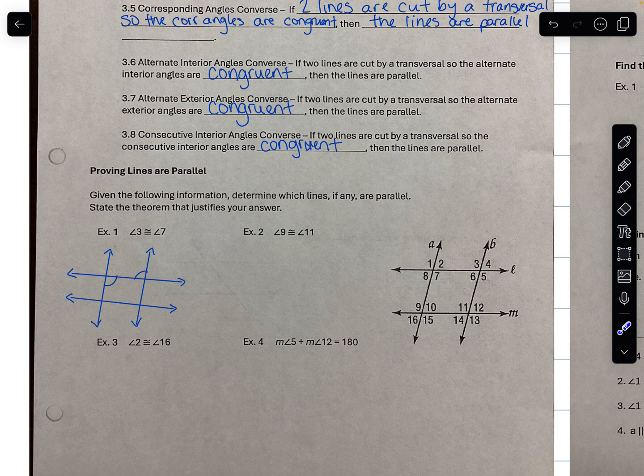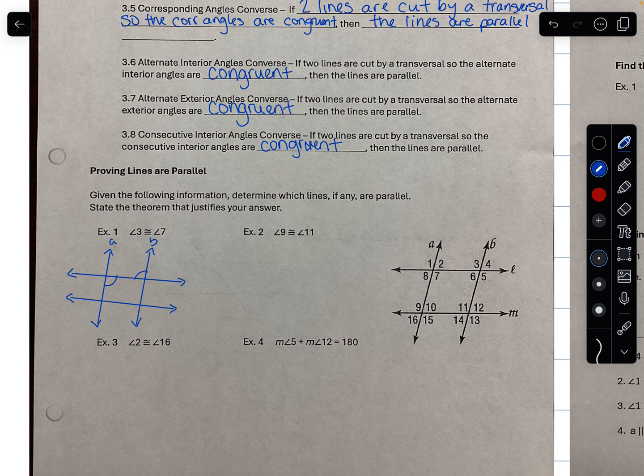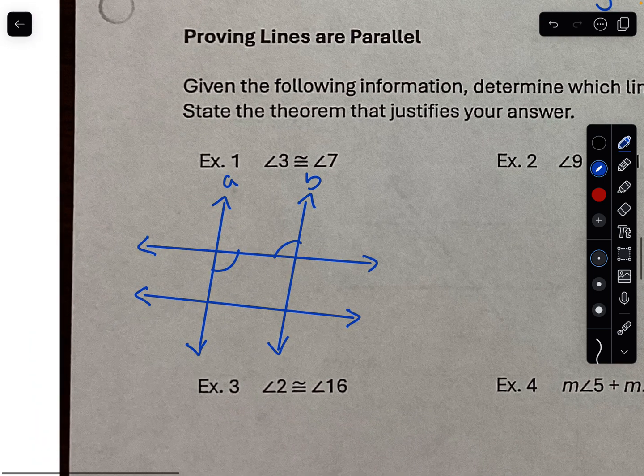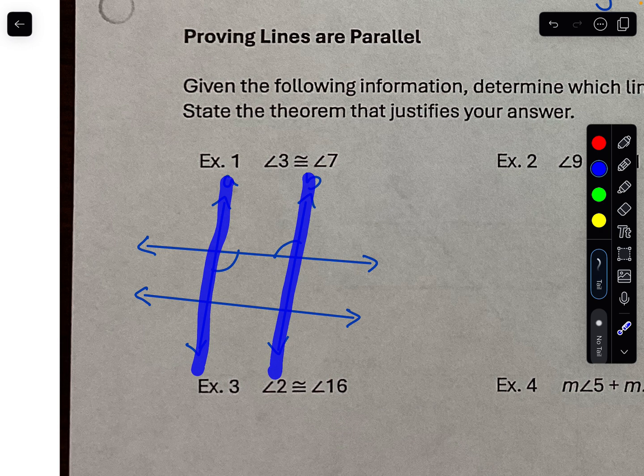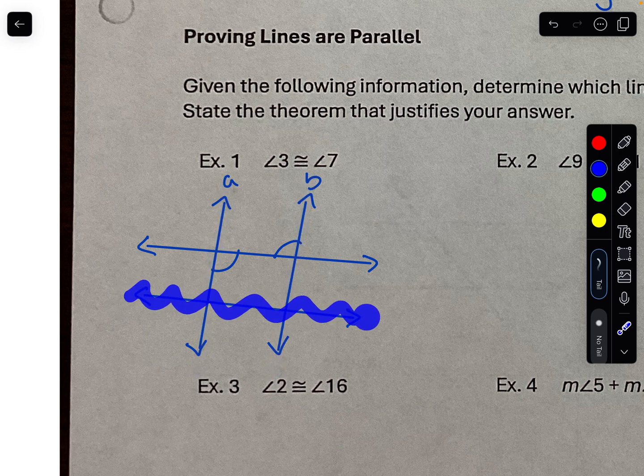So can I determine here that lines A and B are parallel? Yes. By which theorem? What type of angles are those? Not vertical. Remember, vertical would be directly across from each other here. So I'm looking just at line A and line B, so I can ignore this line here. It's almost like that one doesn't exist.